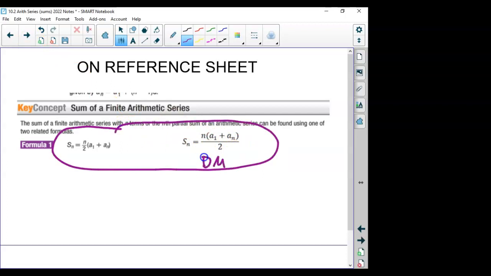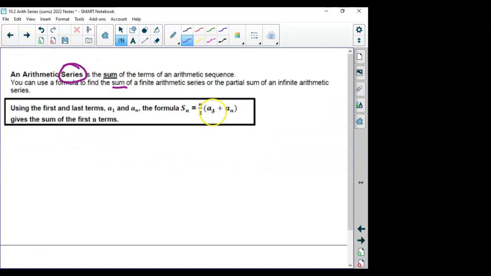This is the one that Delta Math uses, but do you see that it's the same whether you take n divided by 2 and then multiply, or take n, multiply, and then divide by 2? It's all the same difference, okay? But you have to have the first and last term. So one more time, this is the first term, and this is the last term, whatever n is.